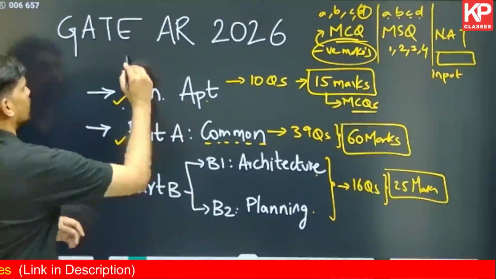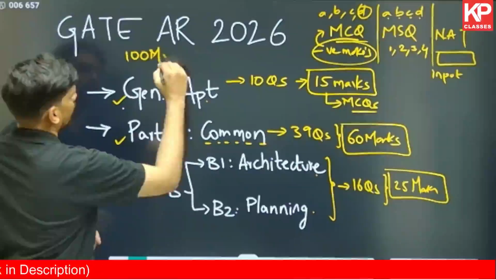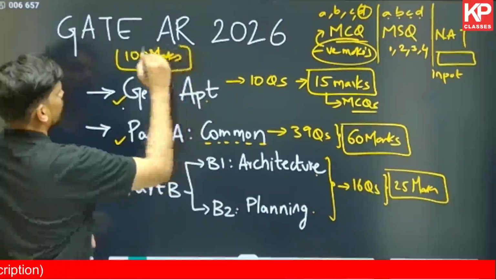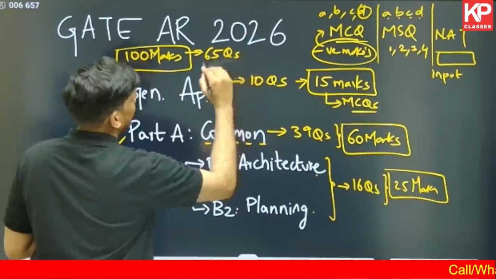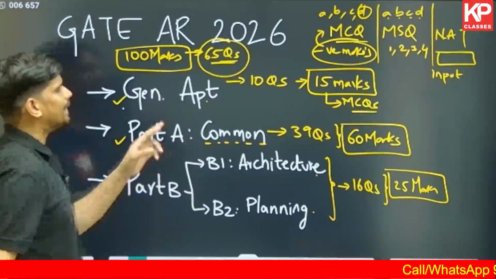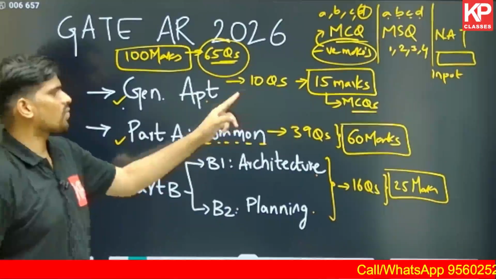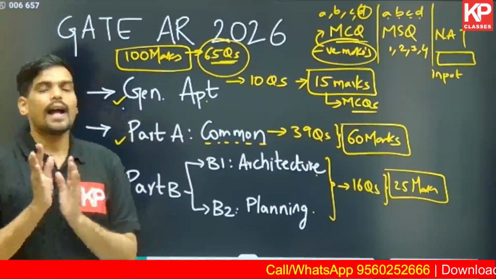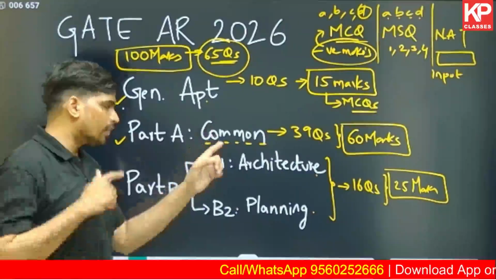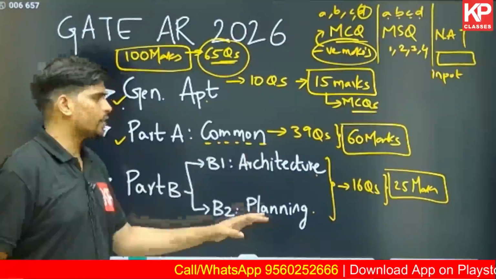So the GATE Architecture paper will be for a total weightage of 100 marks, and you will need to answer 65 questions in all. These 65 questions include 10 questions from general aptitude, 39 questions from the common part, and 16 questions from the part which you will be selecting, be it architecture or planning.